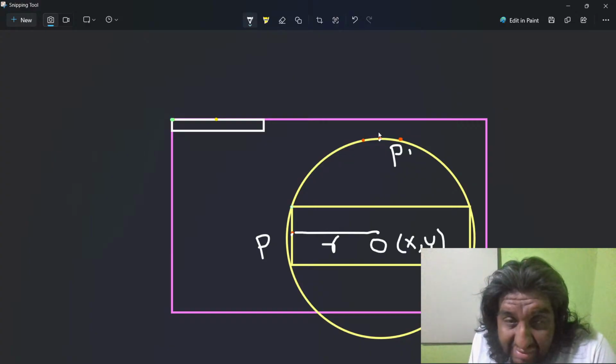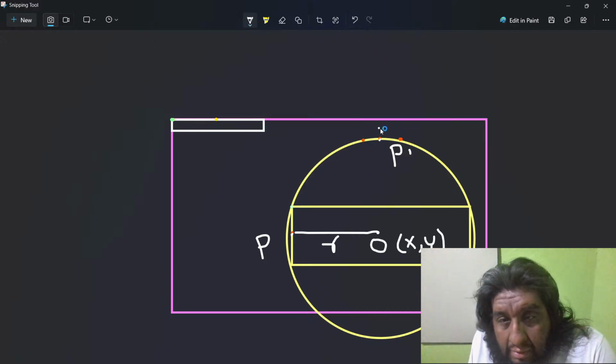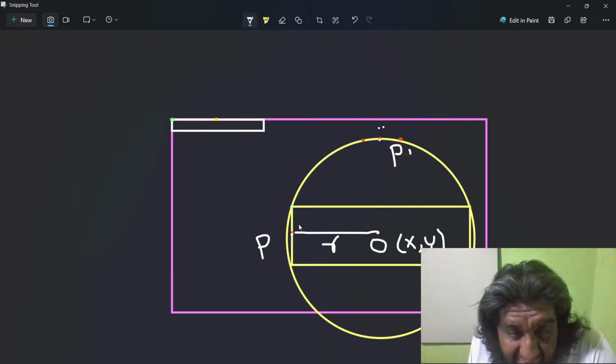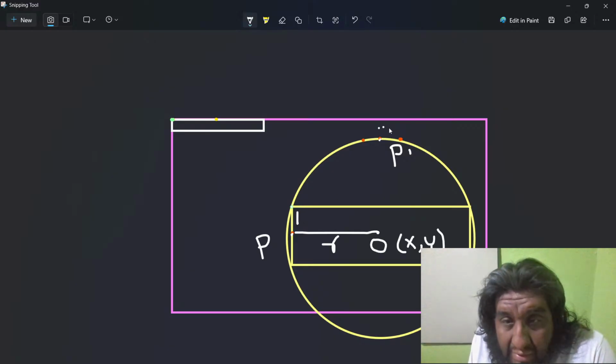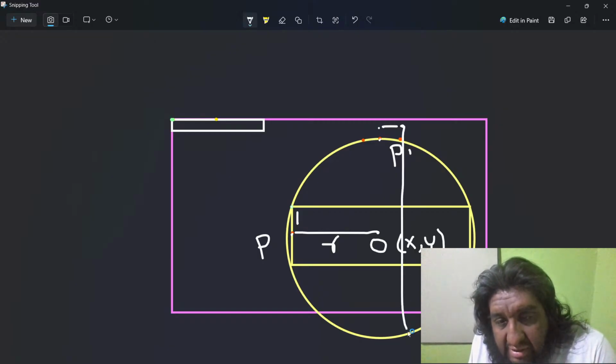But there's another problem. That's for the 90 degrees. If we add this space to reach this point, which is the real origin, to perform the rotation, this will be adding on x.